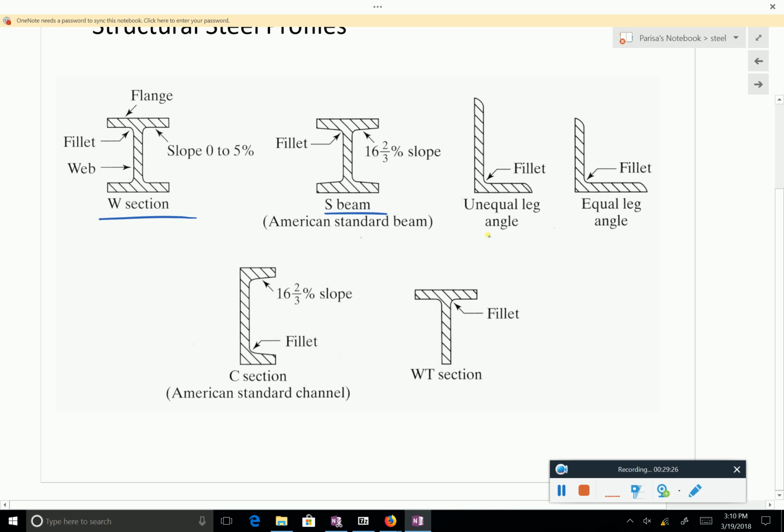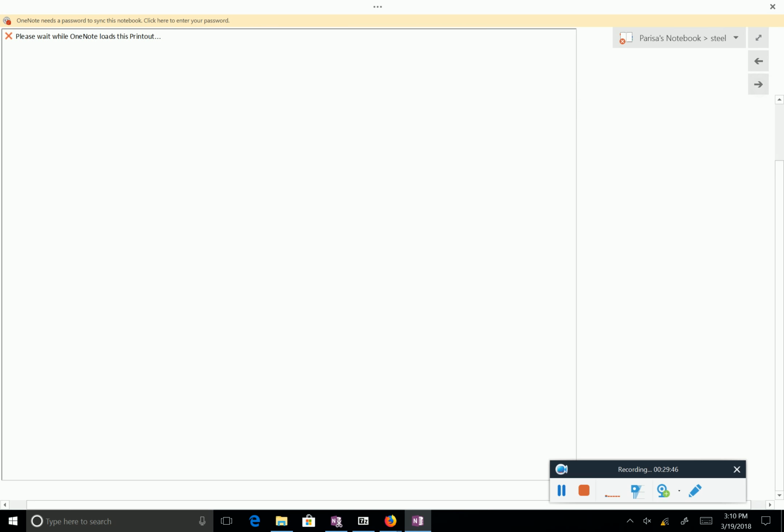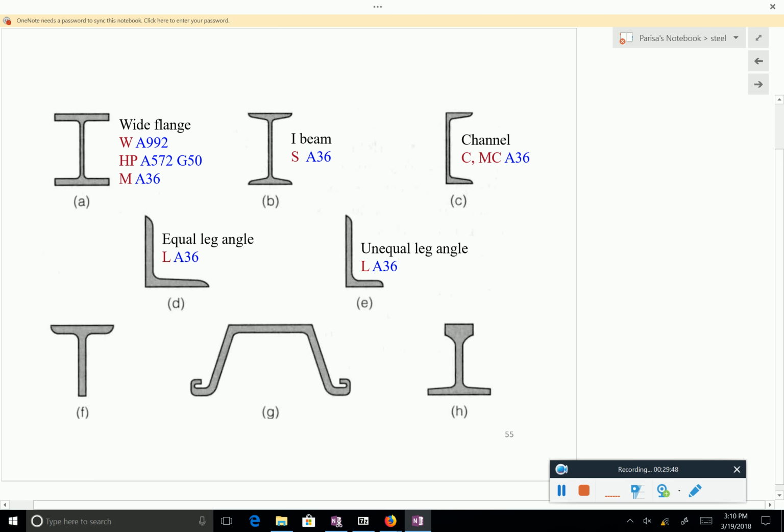You can have angle with equal or unequal legs. And if you cut one of the W sections in two, you get this WT section. And you have this C section or channel. Sometimes you see channel in trusses that they're being used.